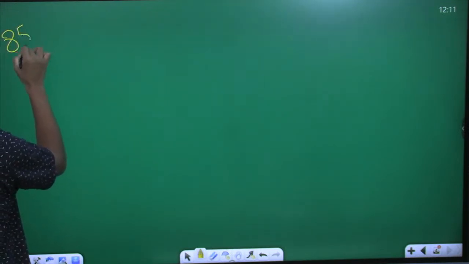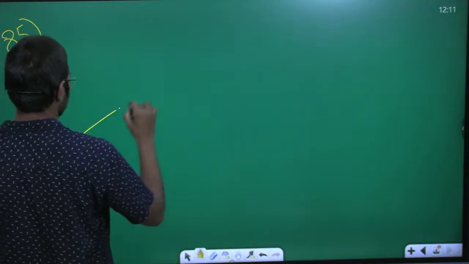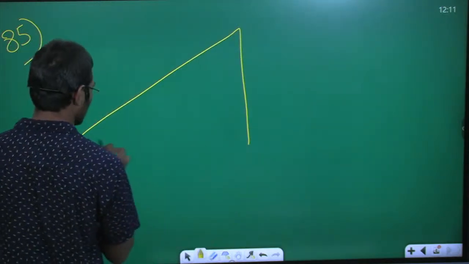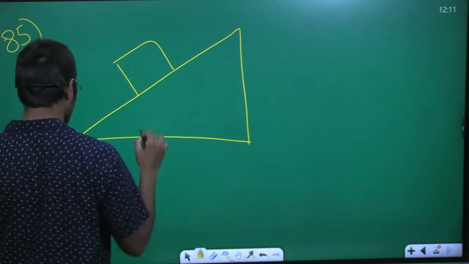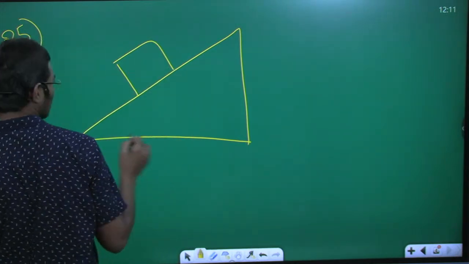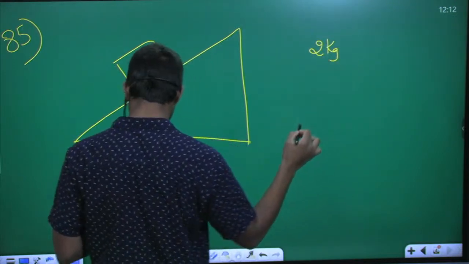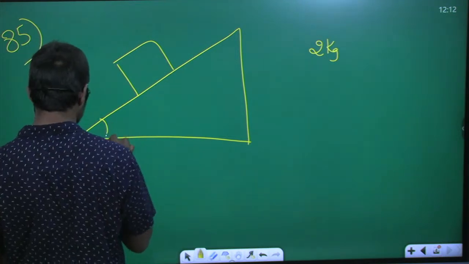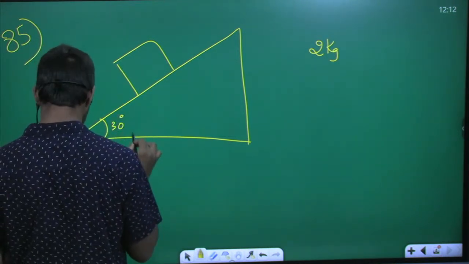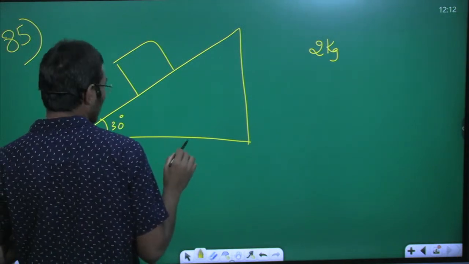This is question 85. It is said that a body of mass 2 kg is placed on an inclined plane that makes an angle 30 degrees. The coefficient of friction between the box and the inclined plane is 0.2.